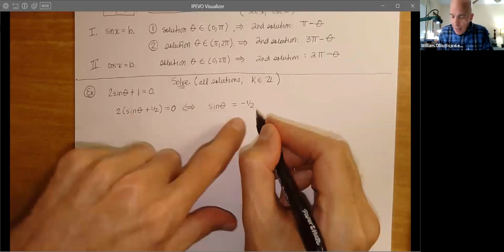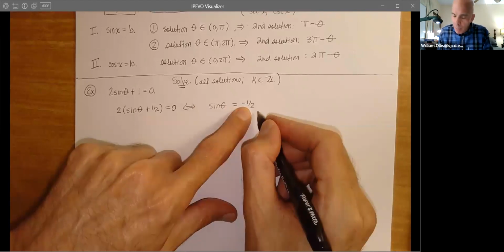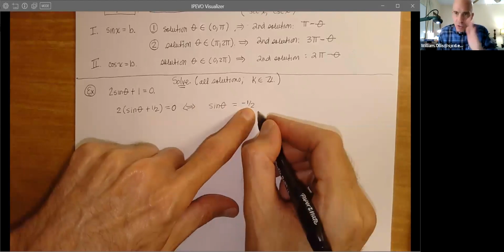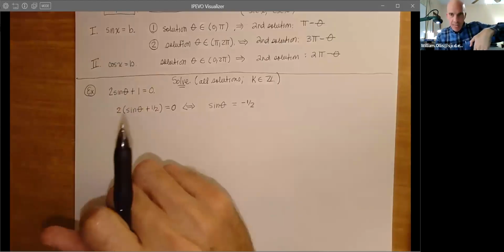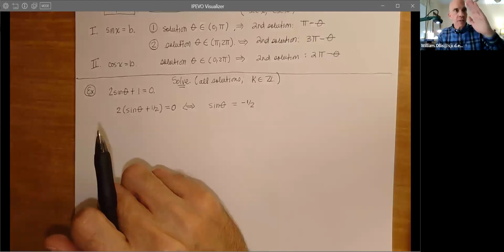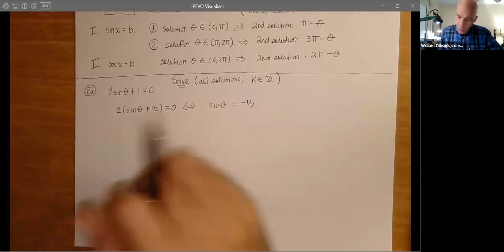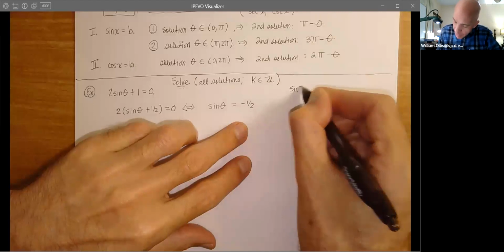Now, when you look at that, you're thinking, okay, this is going to be in the 4th quadrant because that's negative. So you know that the inverse sine starts at negative pi over 2, up to 0, then to positive pi over 2. So that's in the 4th and the 1st quadrant. So just remind yourself, where does the inverse sine live?